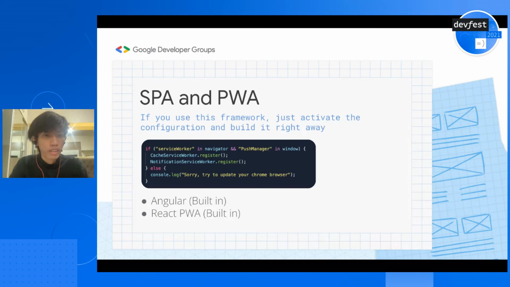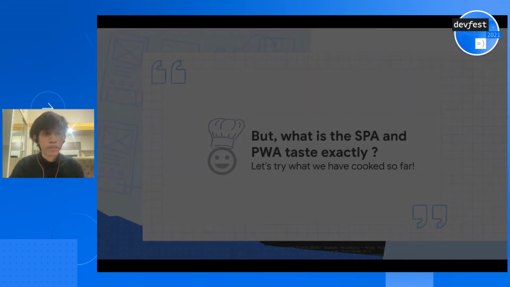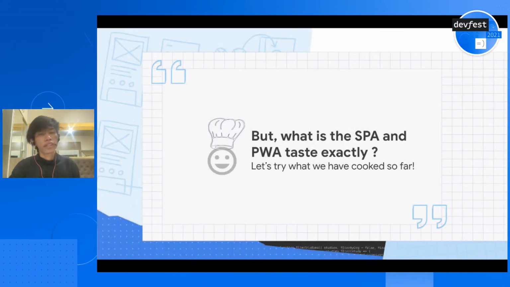And as we can see in here, there are built-in service workers for Angular and also React PWA. So we just need to activate it. And before that, what is the SPA and PWA taste exactly? Let's try what we have cooked so far.